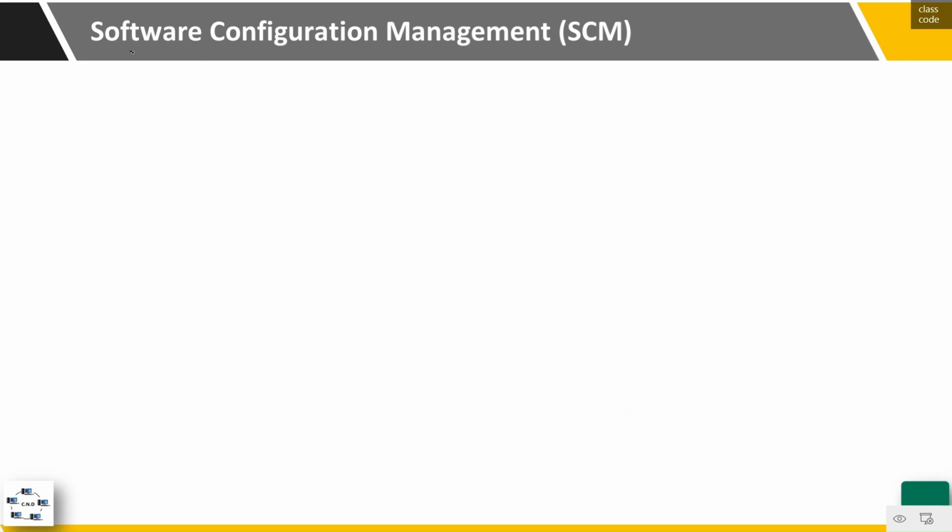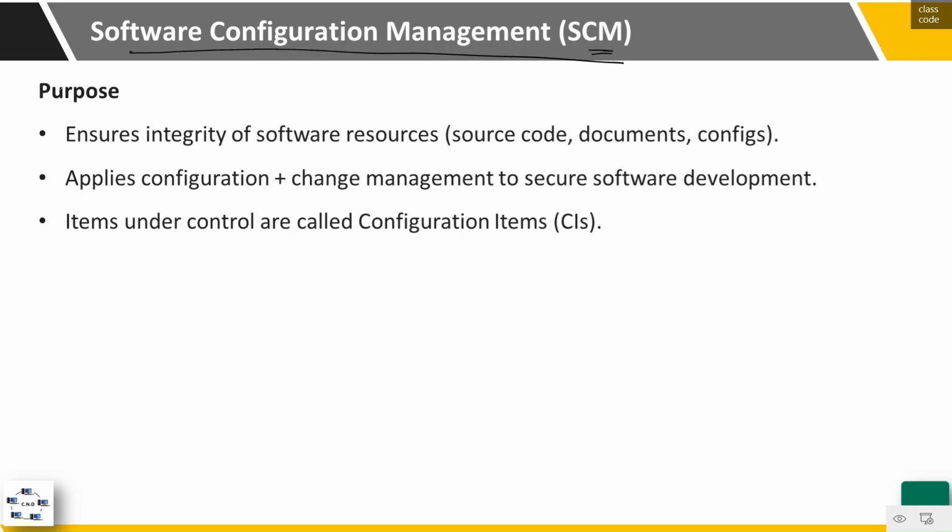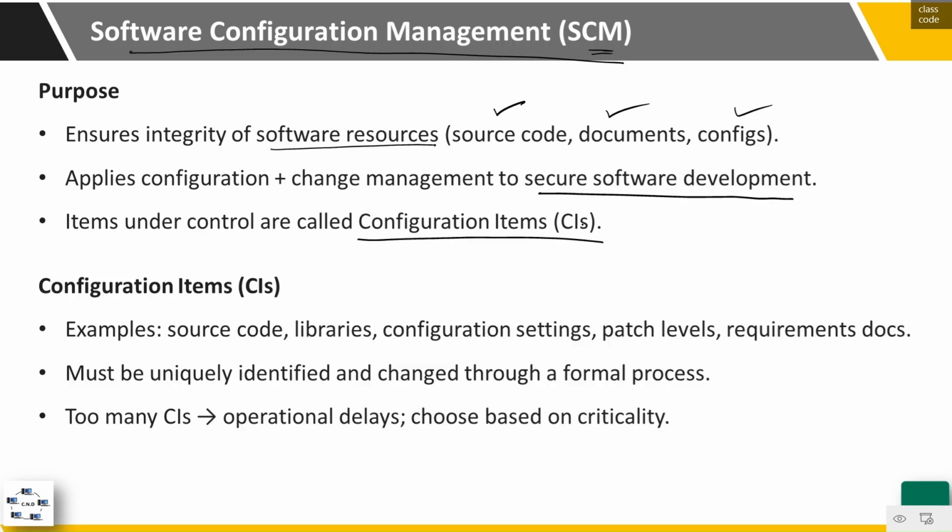Our next topic is Software Configuration Management, or SCM. The purpose of SCM is to ensure integrity of software resources, such as the source code, documents, and configurations. It applies configuration plus change management to secure software development. The items under control are called CIs, or configuration items.